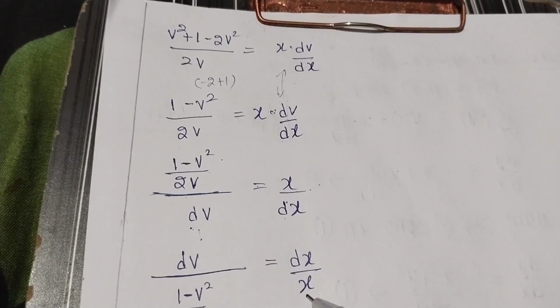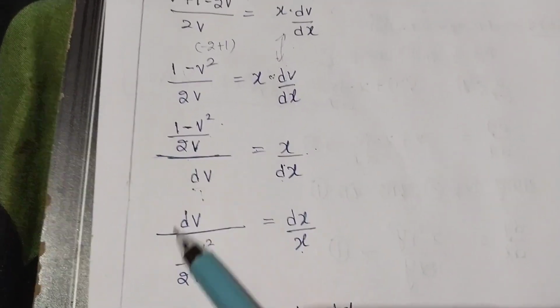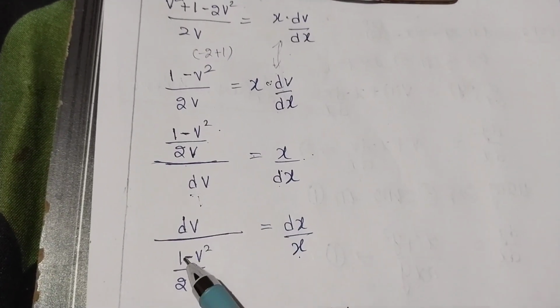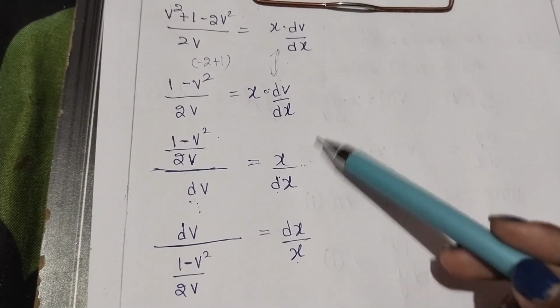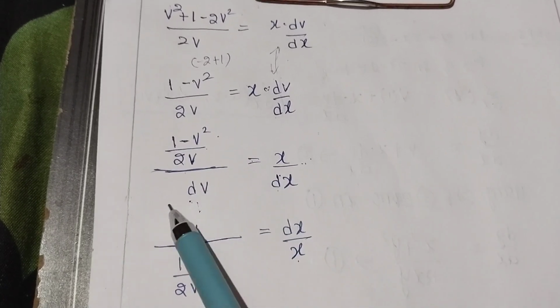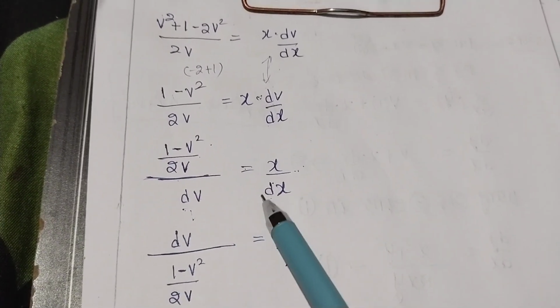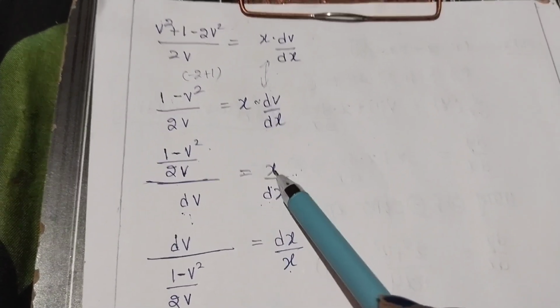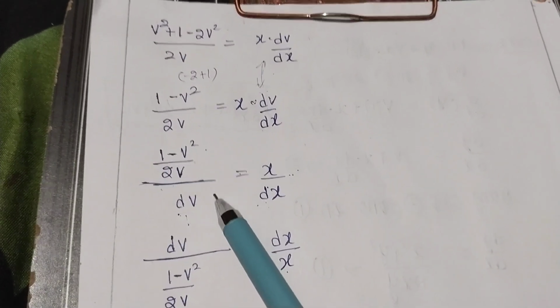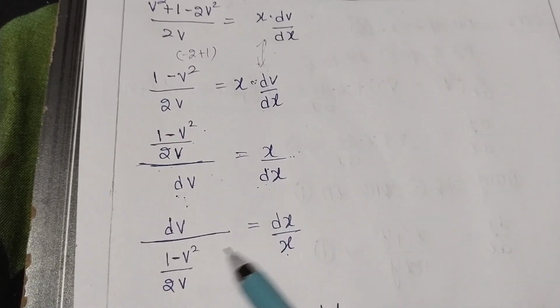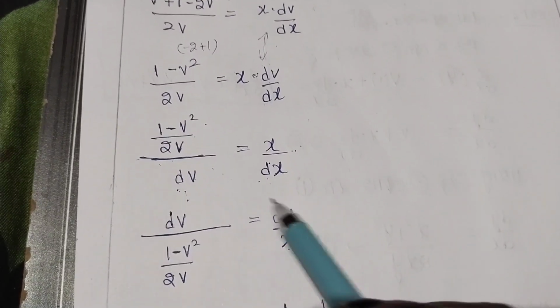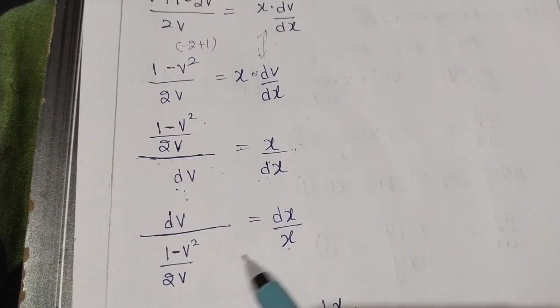That is dx by x equals dv, whole divided by (1 minus v square) divided by 2v. Like flipping this term and flipping this term at a time. The thing to remember is that flipping this term and this term at the same time is important. So after flipping at the same time, we got this.